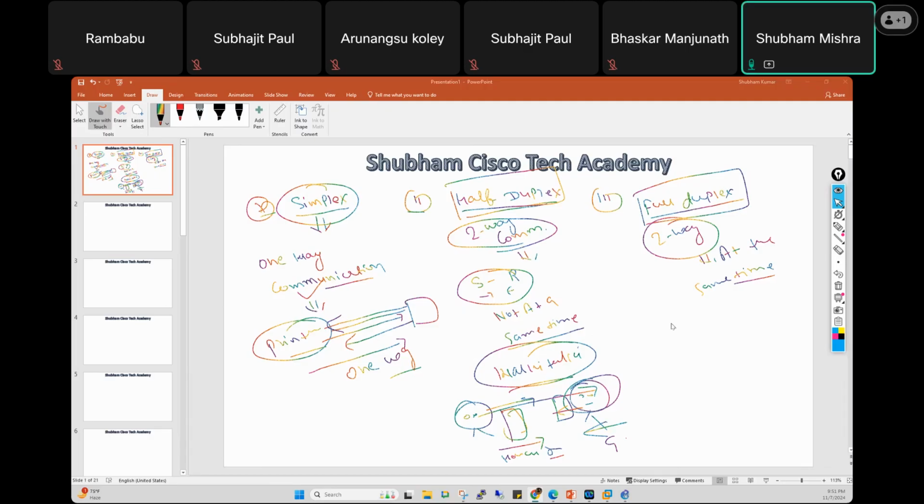In full duplex, there is nothing like it will send, then it will wait, and once it has sent, then it will reply. No, this is the condition in half duplex. In full duplex, the sender can send the data and the receiver can also send the data at the same time. There is no problem. For example, you are using a mobile phone.